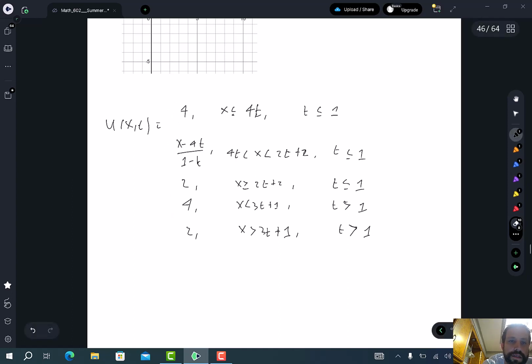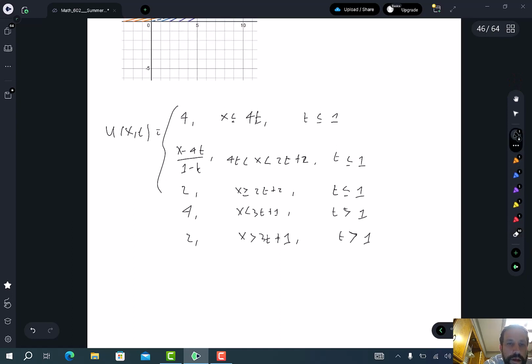Okay, so this is the whole big solution. But the big interesting thing here is that we have to split it between t less than or equal to 1 and t greater than or equal to 1. For t less than or equal to 1, there are no shock waves and no intersecting characteristics. That happens after t is greater than or equal to 1.